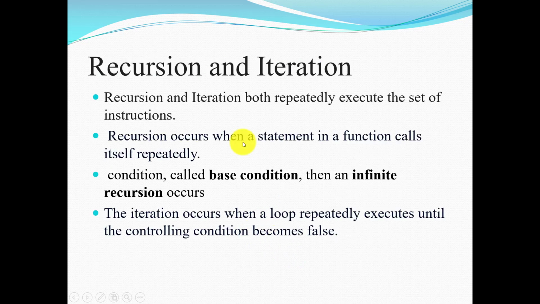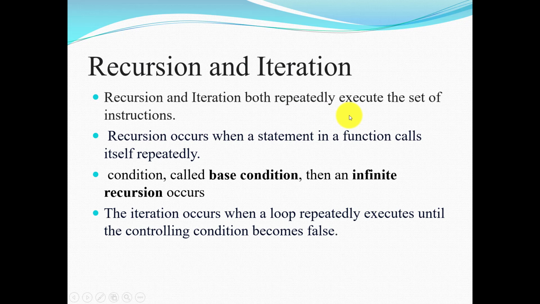Now let's understand the difference between recursion and iteration. We just discussed recursion. They work similarly, but the difference is that recursion has a base condition and iteration has a loop condition.